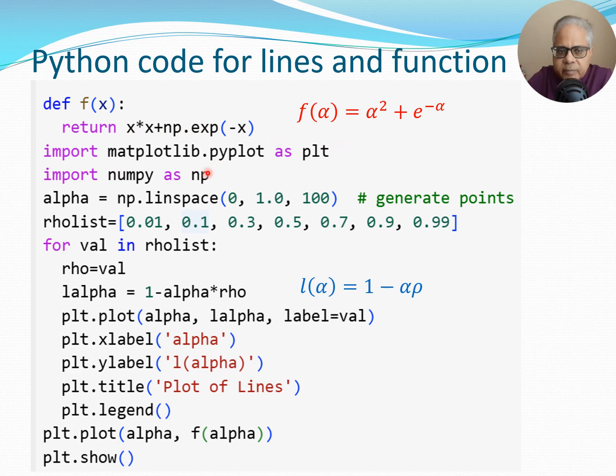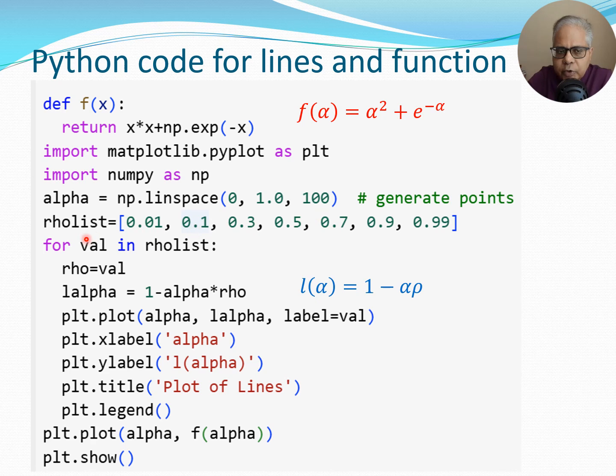This is the library in Python which helps us to make many nice plots. Now what I do is I create a series of points. I can do that using the linspace command, and I create 100 of these points between 0 and 1.